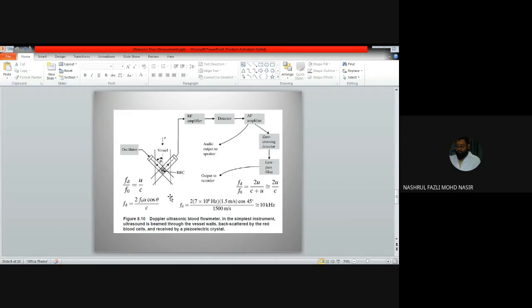This is all the formula from the last page. In the simplest instrument, ultrasound is beamed through the vessel walls, backscattered by the red blood cells, and received by a piezoelectric crystal. So this is how it works.